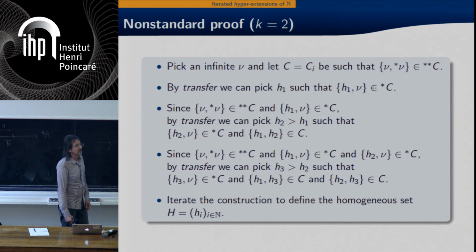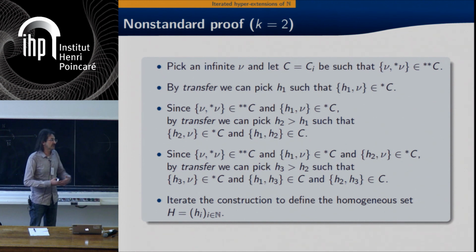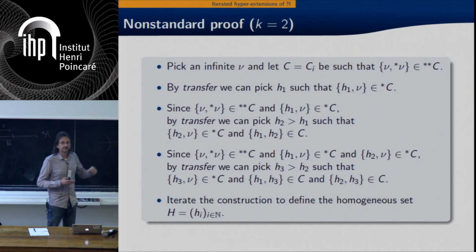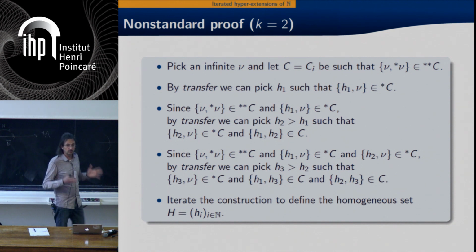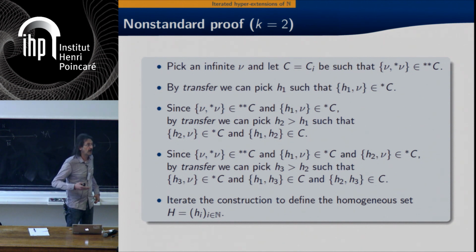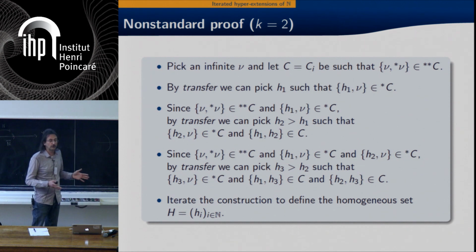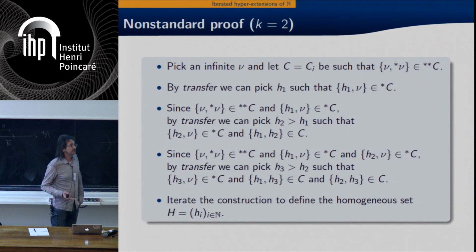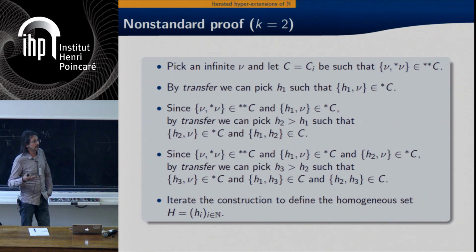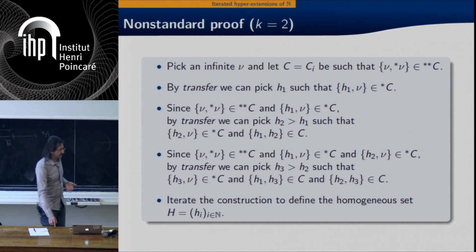iterated extension. So we have a finite coloring, say, of the pairs, to make it simple. We take the pair Ni, star Ni, which is one of the many possible pairs we have on a hypernatural number. It will belong to one of the pieces. And since we have that property, by transfer we find an element so that the pair H1 and Ni belongs to star C, because that's how the transfer works.